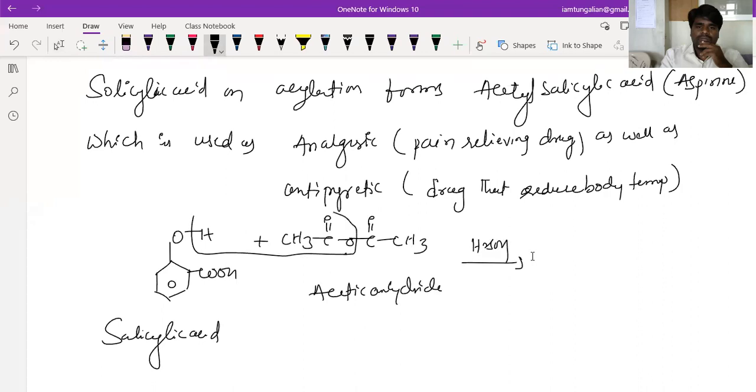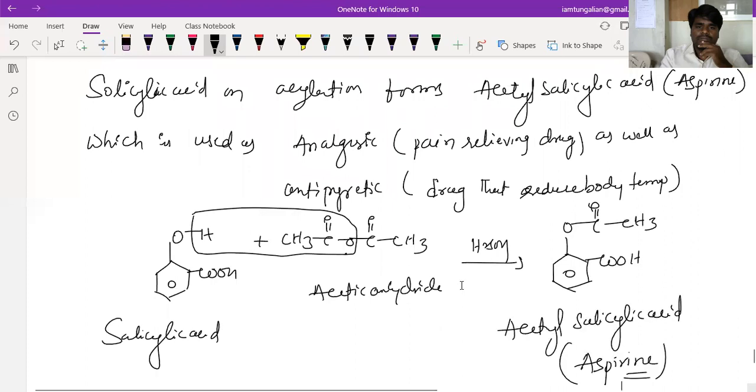This particular part gets eliminated, and you combine these two. What you will get here is acetyl salicylic acid, used as a drug. It is used as analgesic as well as antipyretic. What is meant by antipyretic? That reduces body temperature.